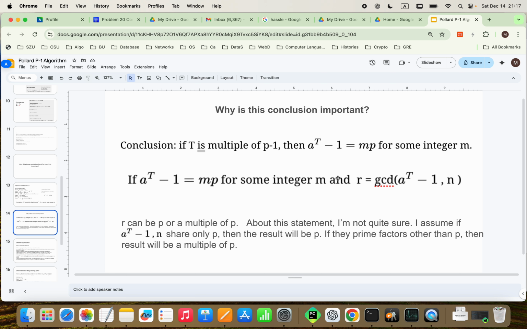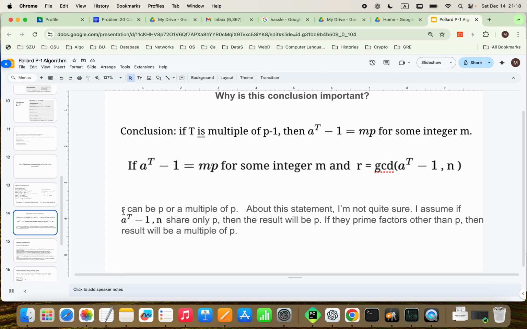This r is going to be p or a multiple of p. Why? Because we supposed that p is a factor of n, and p now is also a factor of this value, so it's going to be included in the r. But this part I'm not very sure.